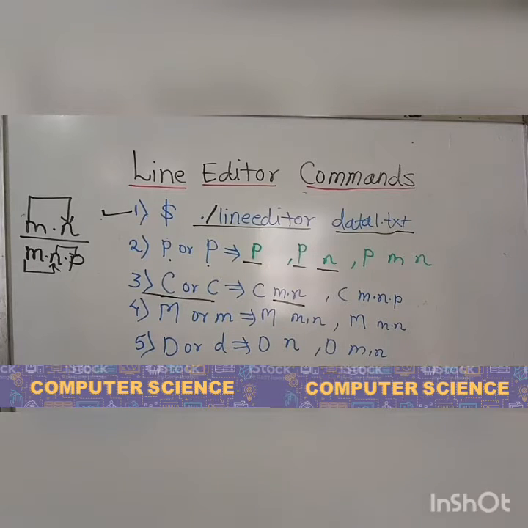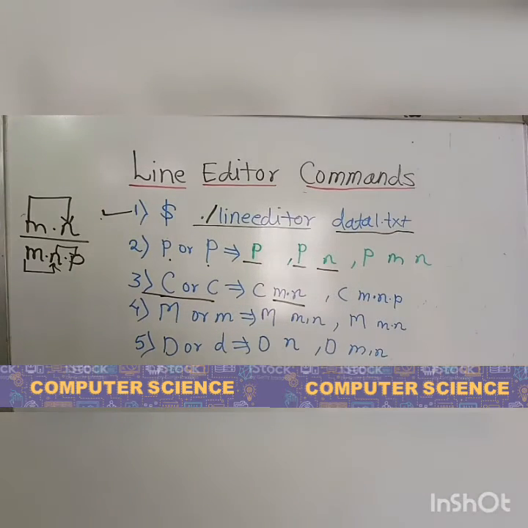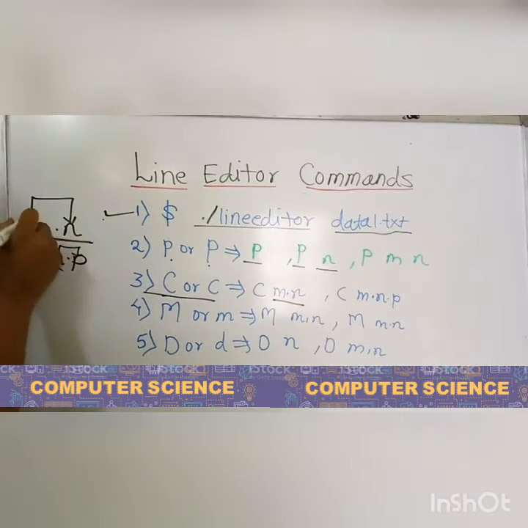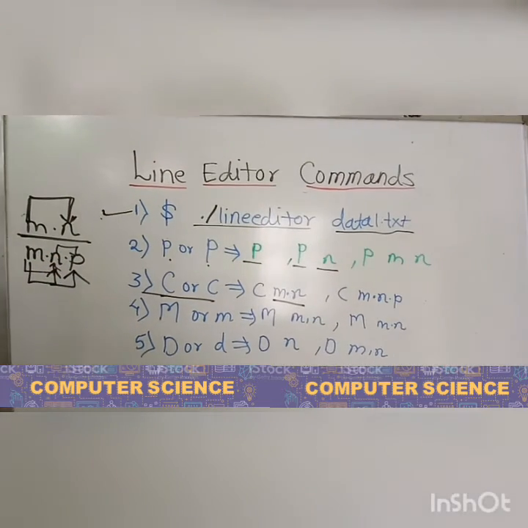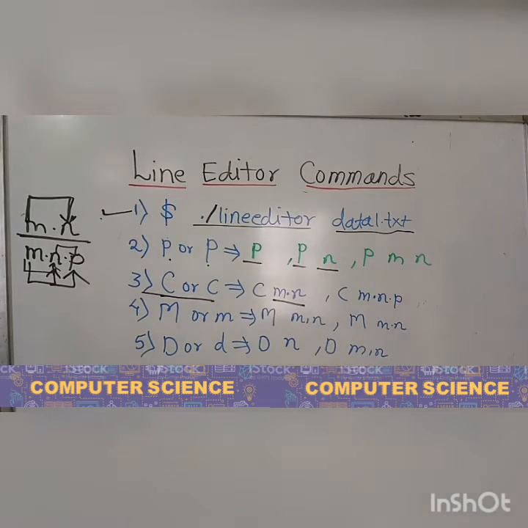Like the copy command, m comma n moves the line to the nth position, and m dot n dot p moves the lines from m to n and places them in the pth position. It will move these lines and place them at this position. Moving and copying are different functions, each having its own specific meaning.